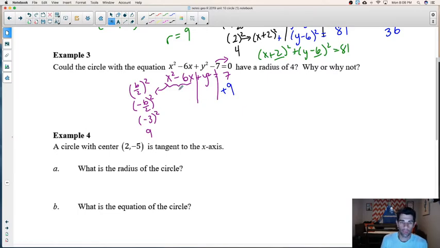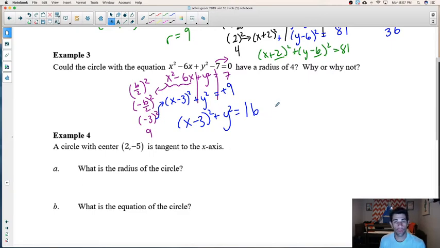Now up here I put plus 9. I created that perfect square trinomial, and then I showed the factor. What I like to say is, well, you're doing everything right. Just take this and put it here. That y squared stayed the same. And then here you have 7 plus 9. So my equation is going to be x minus 3 squared, y squared equals 16.